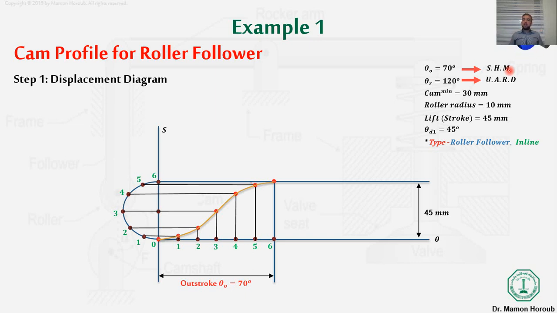There is another procedure to draw this simple harmonic motion. We discussed in the last class the equation of the displacement, which is S equal whatever for the simple harmonic motion, and it's a function of theta. So just choose different thetas from 0 to 70, for example 10 times or 6 times or whatever, and fill them into that equation.